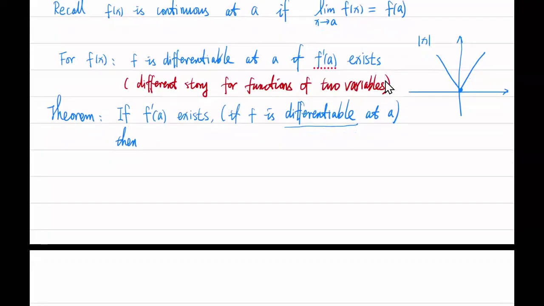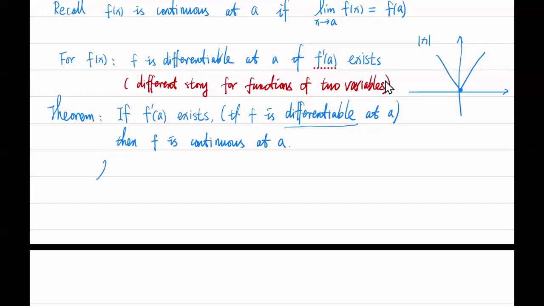First let me finish the theorem and then we'll go back to that example. Then f is continuous. Very simple theorem, and the proof is also very quick.